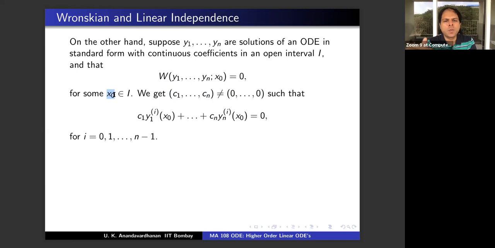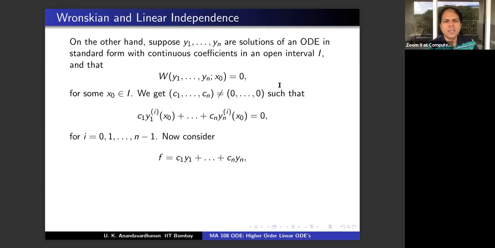You can form a homogeneous system, and that homogeneous system will have a non-trivial solution because the Wronskian is given to be 0 at some point. So this is actually a homogeneous system of linear equations as in your linear algebra, and for the corresponding matrix, the determinant is 0, and therefore you will get a non-zero solution. So this is linear algebra.